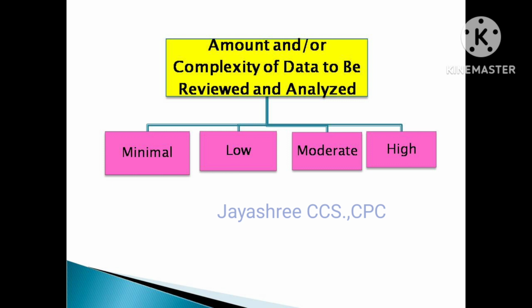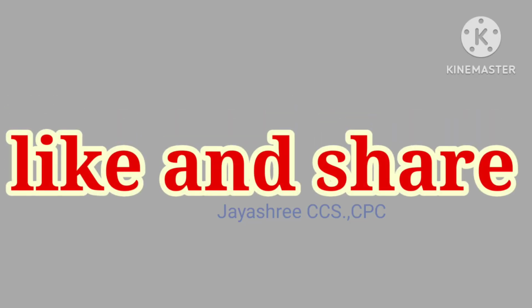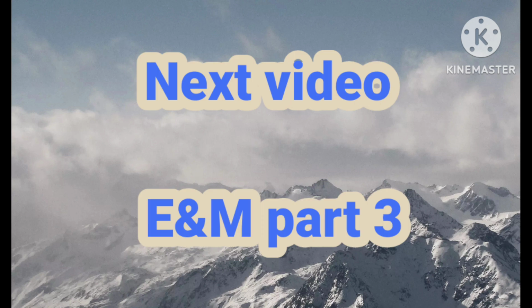For that only we are completing each element in each video. The first element, problem, was completed in the first video. The second element, data, is completed in this video. In the next video we are going to see risk, that is the final element. Once we complete the final element, we can check how the final MDM table will be and how we can calculate based on these four types of categories.